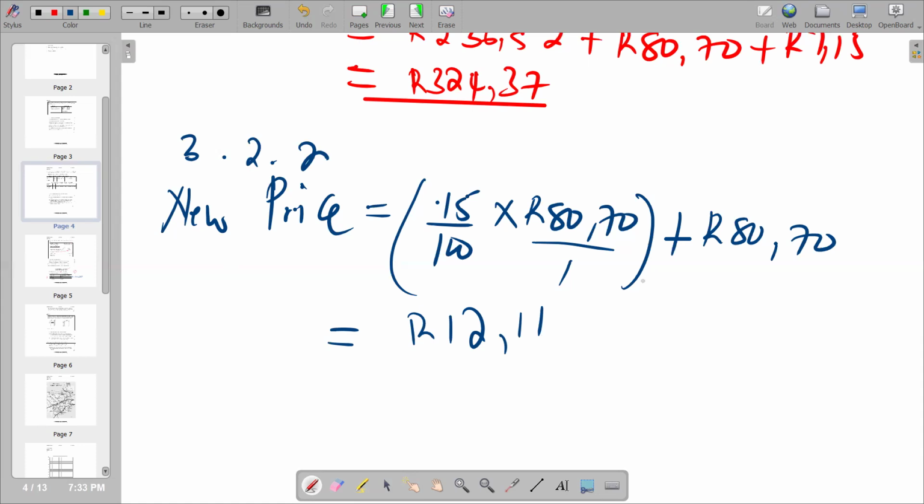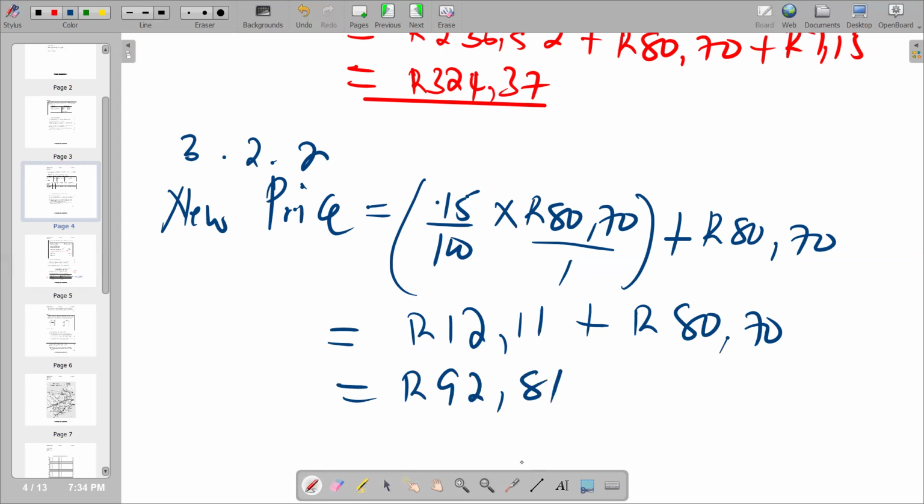And then we add to your 8 rand 70. So we calculate to see what we get. We're going to get 10 rands 01 cents. So this becomes the new price that we have on 3.2.2.